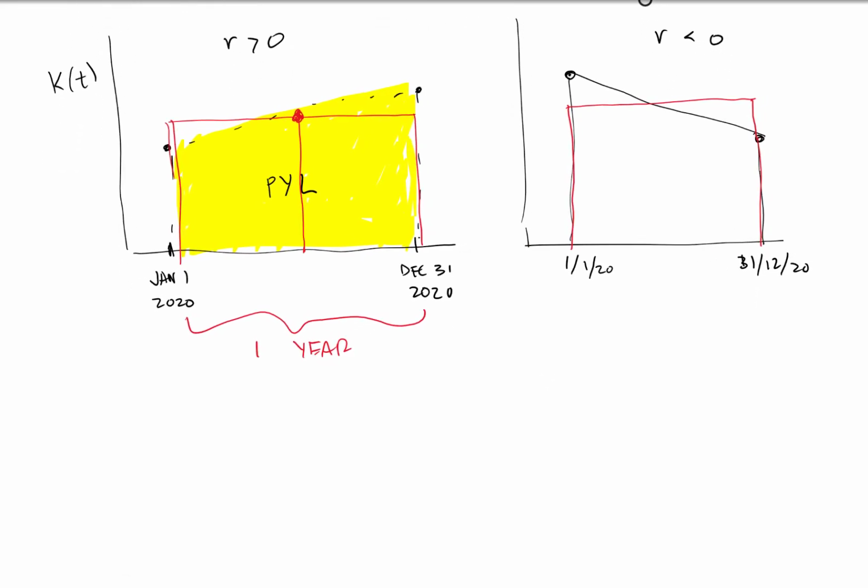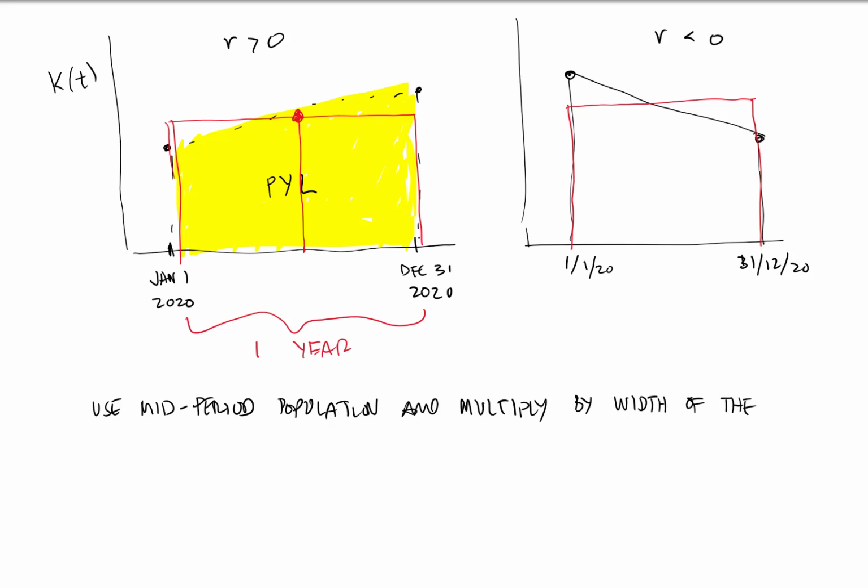So the general rule is use mid-period and multiply by the width of the interval. So that is why when we do annual rates, people look at the mid-year population. It's an estimate of the person years lived.